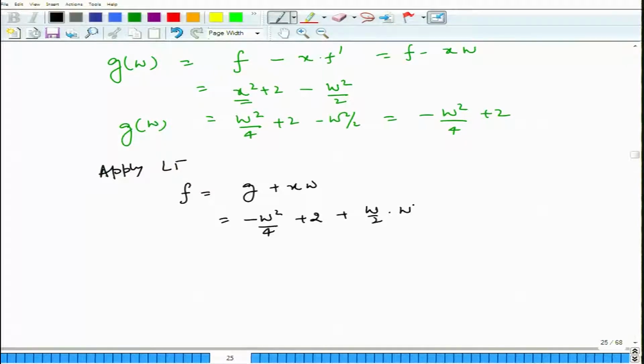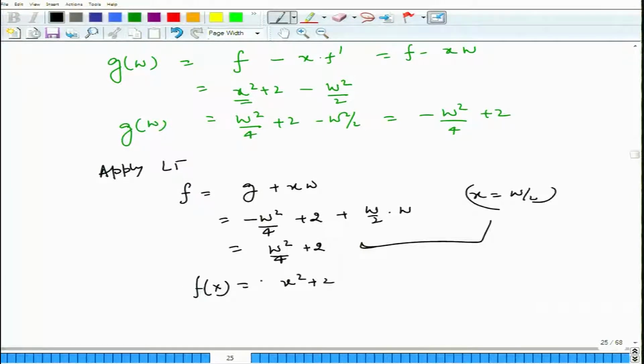Okay. And thus we are going to get w square by 4 plus 2, which, since x is w by 2, we plug in here, is nothing but x square plus 2, which is nothing but the original function.